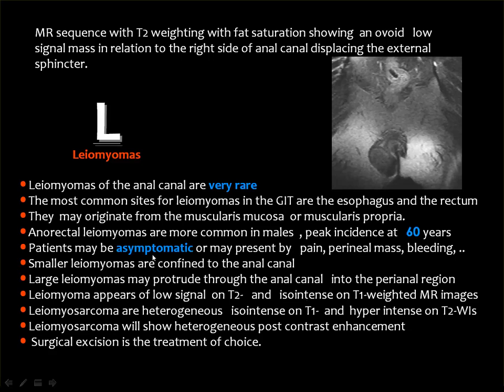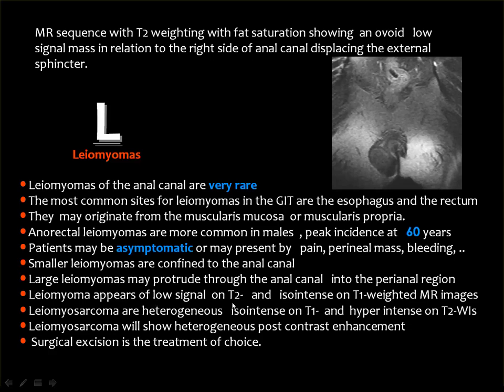The patients may be asymptomatic or present with pain, perineal mass, and bleeding. Smaller leiomyomas are confined to the anal canal, while the larger ones will protrude through the anal canal into the perineal region.